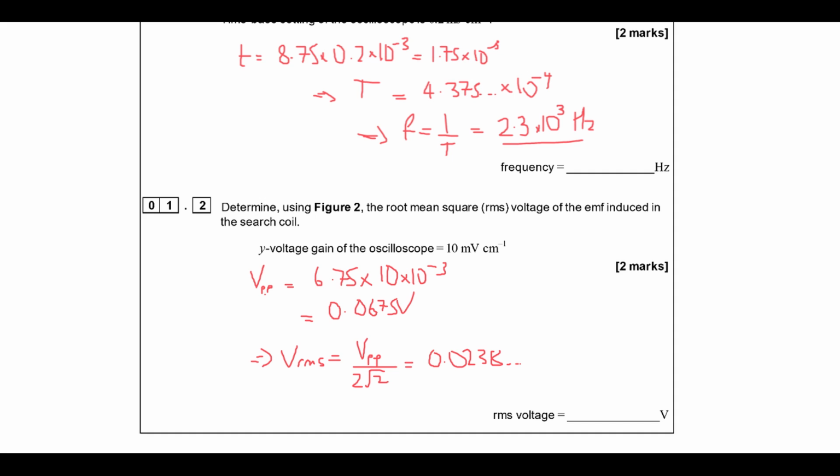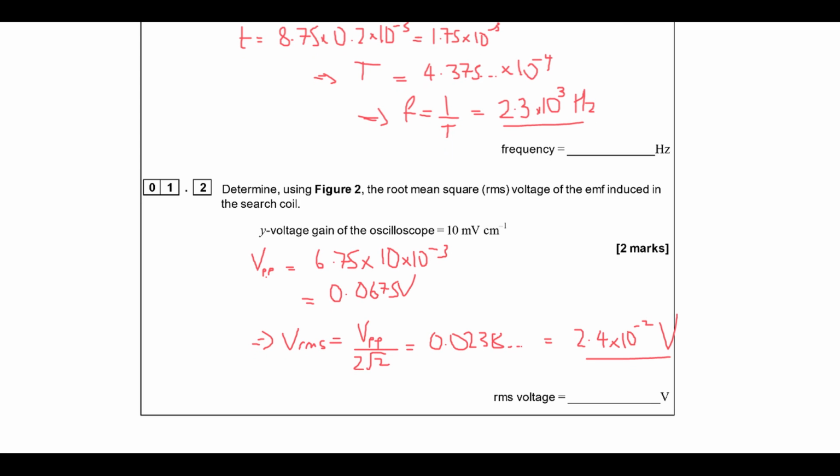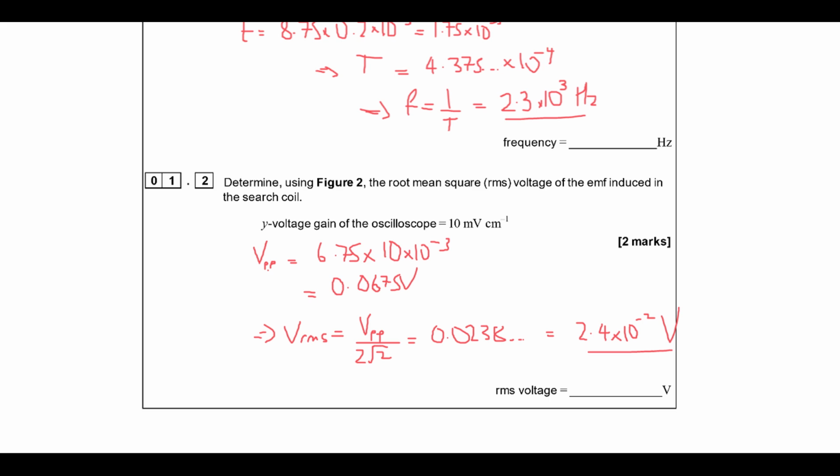So let's give that as 2.4 times 10 to the minus 2 volts there. Okay, so in the mark scheme for this question, for some reason it gives 24 millivolts, but just be careful because it says give the units of volts, so make sure you do adjust for that.